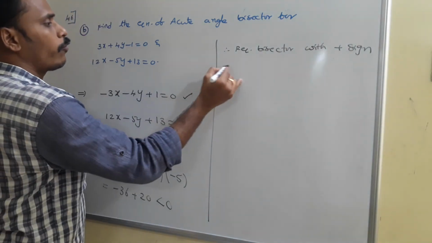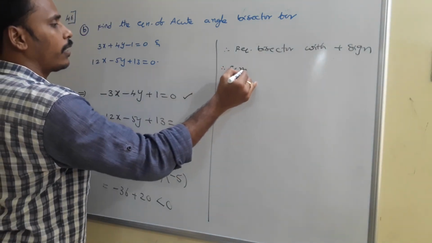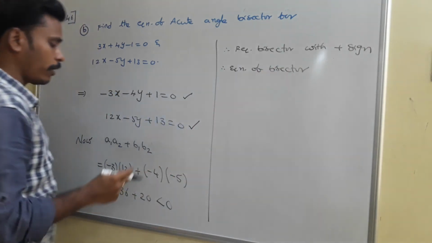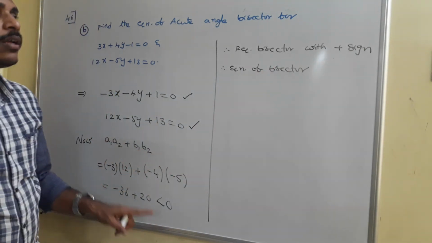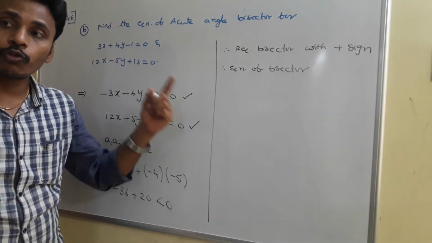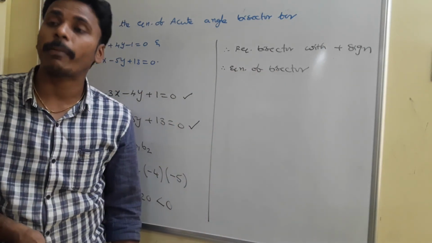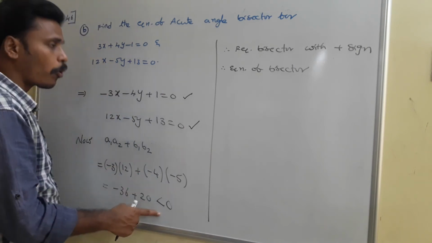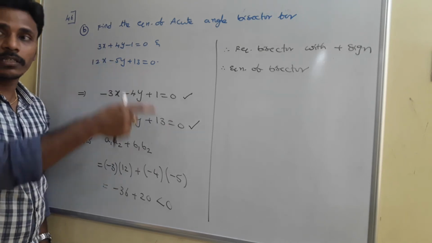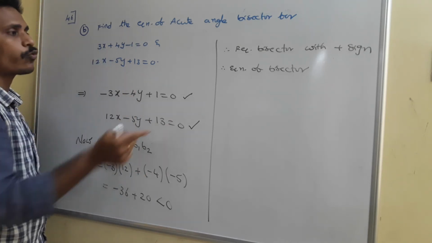If A1A2 plus B1B2 is less than 0 and they ask us to find the acute angle bisector, use the plus sign. If they ask you to find the obtuse angle bisector, you use the minus sign. And if it is positive, then the required acute bisector is with the minus sign. As per the theory I mentioned in 46, that's what we need to follow.